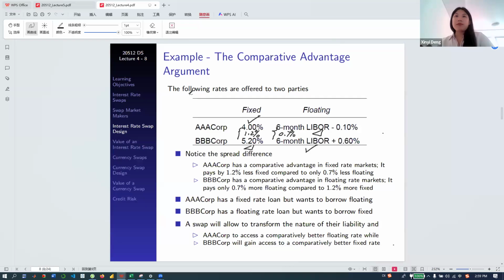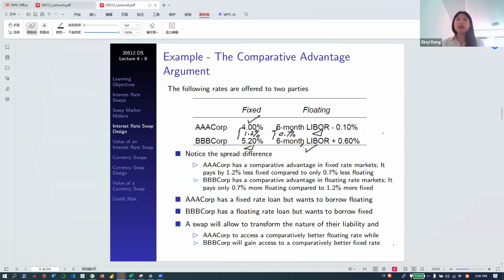Now I was talking about two scenarios, right? Without a swap and now with the swap. If they did enter into the swap, they will first enter the market where they have comparative advantage. So AAA Corp will enter the fixed rate loan market first, and BBB Corp is going to enter the floating rate market first.